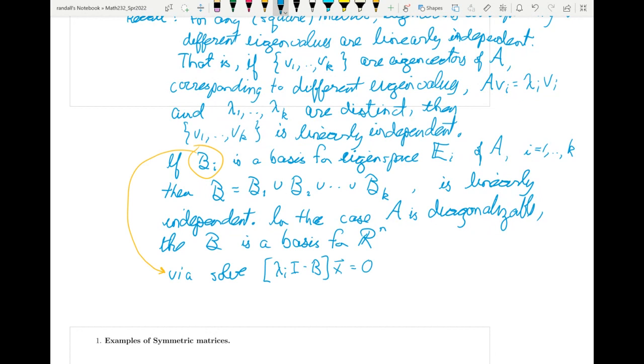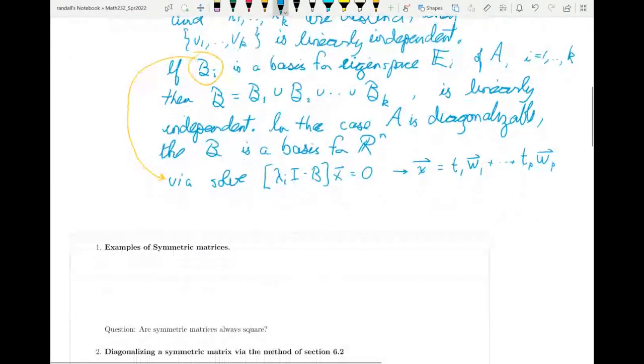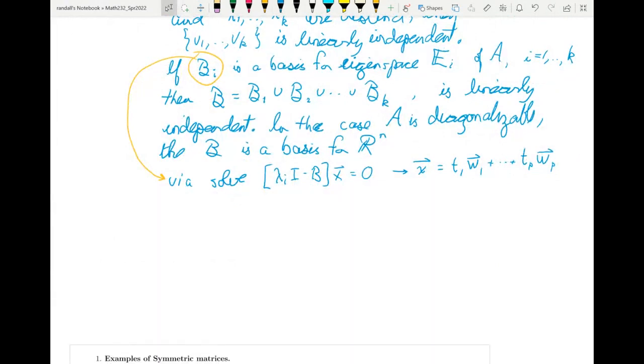What you get when you write out the solution set is something like t1 w1 plus dot dot dot tp wp. When you row reduce that matrix to find the eigenvectors, you read off the solution this way, and it's these vectors w1 to wp which form your basis. So B_i is this set. That's how you identify the eigenvectors.